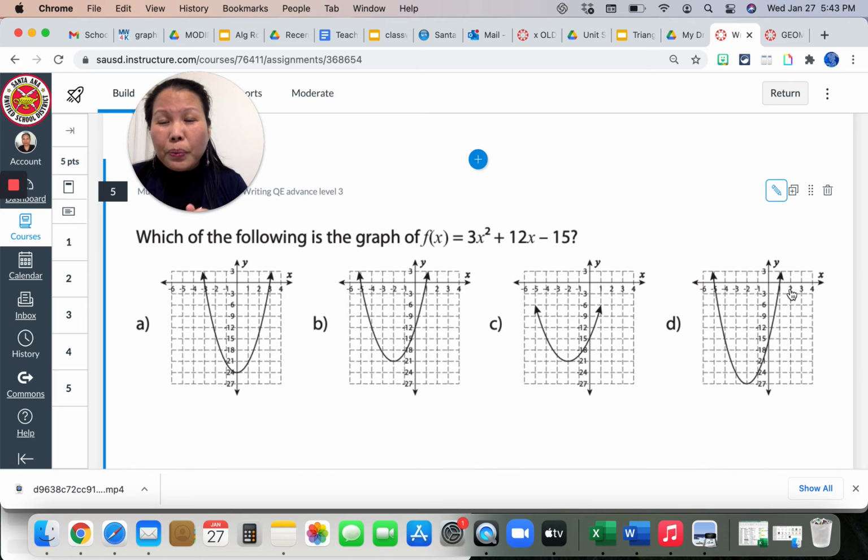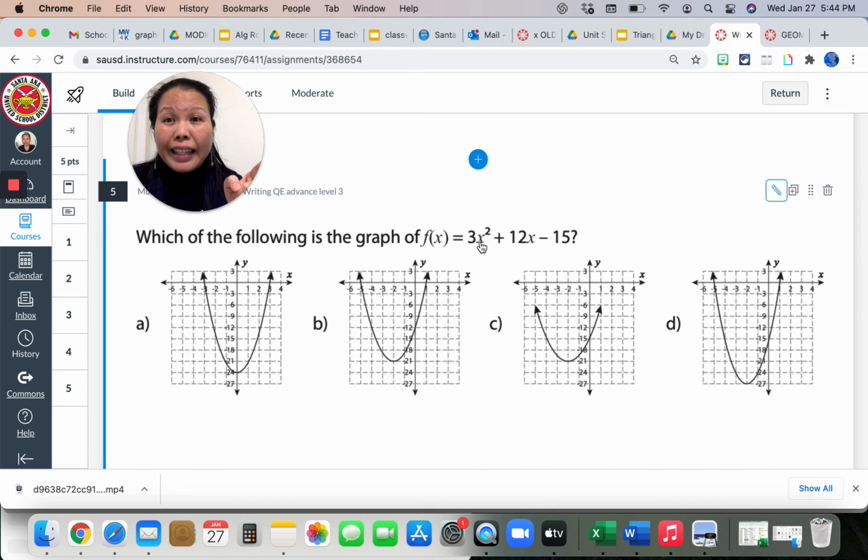Between the two, I'm going to pick the easier one to substitute in. If I substitute 1 for x, I get 3 times 1 squared, which is 3. Then plus 12 times 1, which is 12. So 3 plus 12 is 15, minus 15 is 0. That's why we get the zero of the function. Choice D is the correct answer.